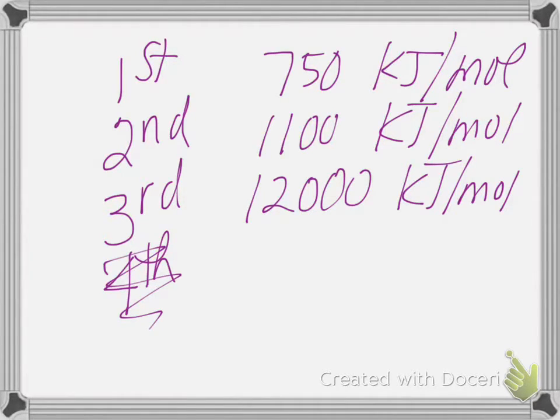Okay? So if you look at a series and you see there's a huge jump, that means that they're taking a core electron. So most likely this was a group 2 element that has 2 valence electrons. Because the first 2 came off with a relatively normal amount of increase, but then there was a huge jump in that third, so that means it was taken from the core electrons. So this was most likely a group 2 element that removed its 2 valence electrons.